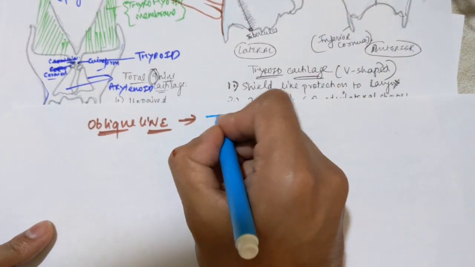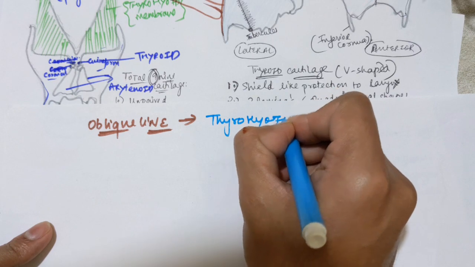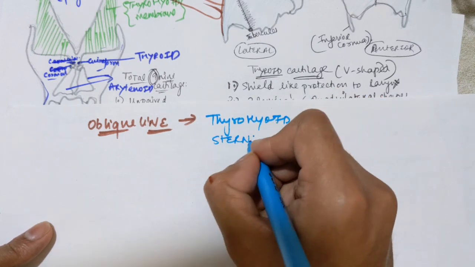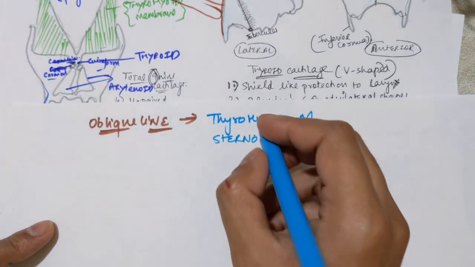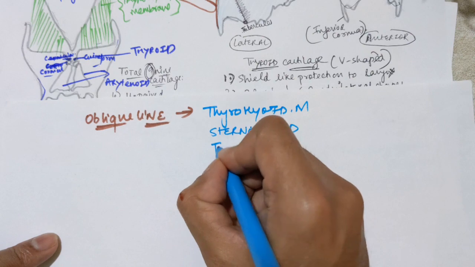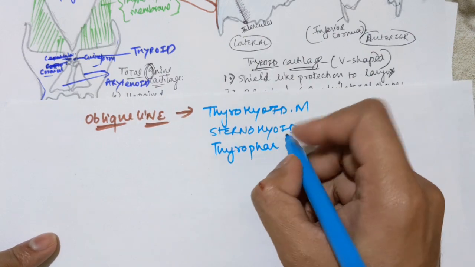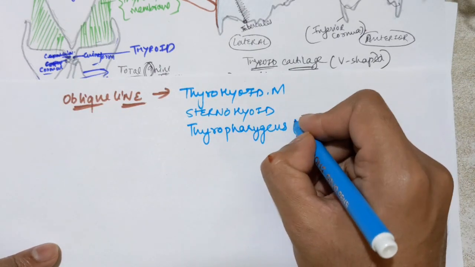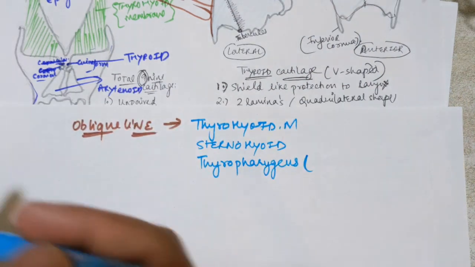The first one is thyrohyoid, the next is sternothyroid, and the third is thyropharyngeus, which is a part of the inferior constrictor muscle. You know that the inferior constrictor has two parts, cricopharyngeus and thyropharyngeus. So thyropharyngeus attaches on the oblique line.